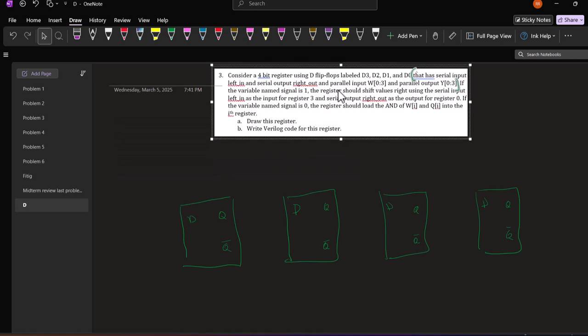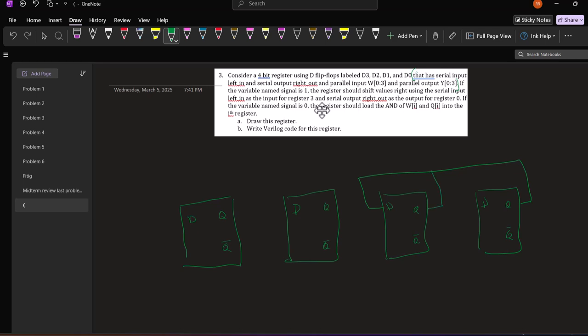If there's only one thing that it does, like if it just says the values shift left, that means the output from this register becomes the input for this one. It's going to the left.